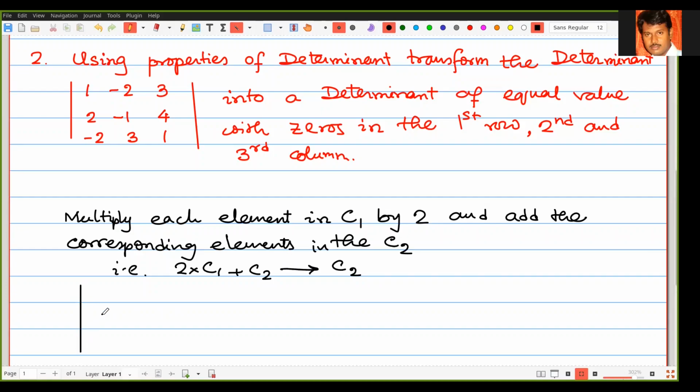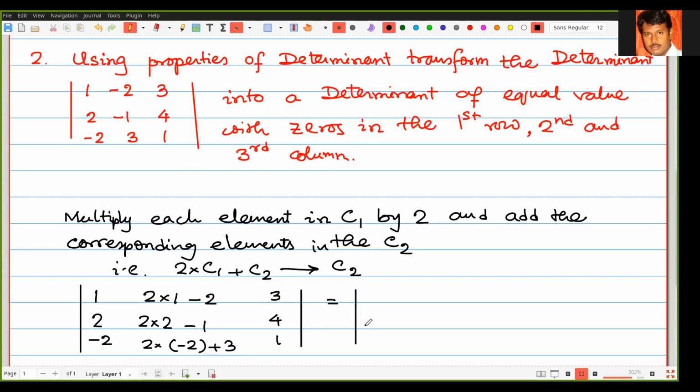So the determinant is now: column 1 is unchanged, column 2 is now becoming 2 into 1 minus 2, and 2 into 2 minus 1, and 2 into minus 2 plus 3. Column 3 unchanged, 3, 4, 1. So that one is becoming 1, 0, 3, then 2, 3, 4, and minus 2, minus 1, and 1.